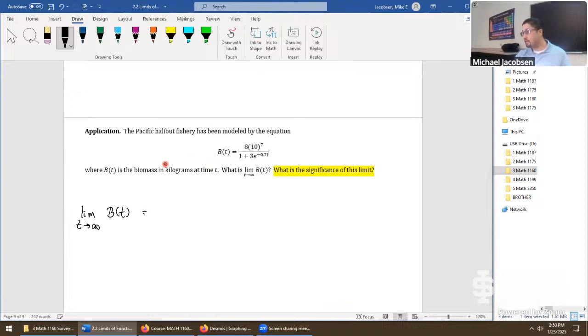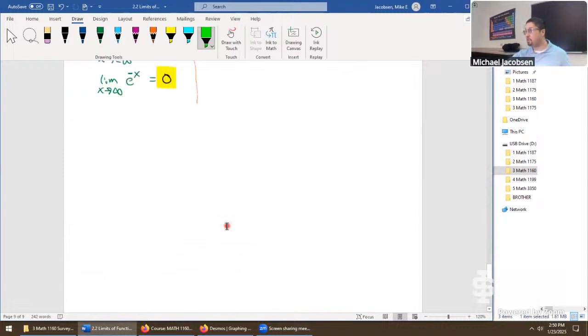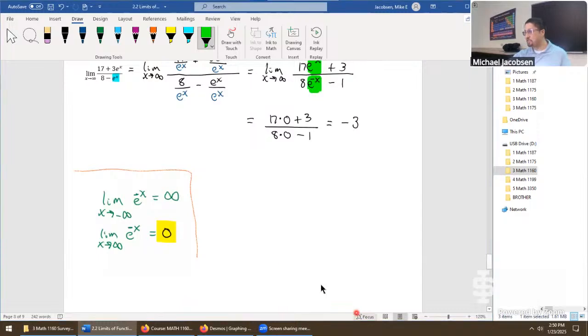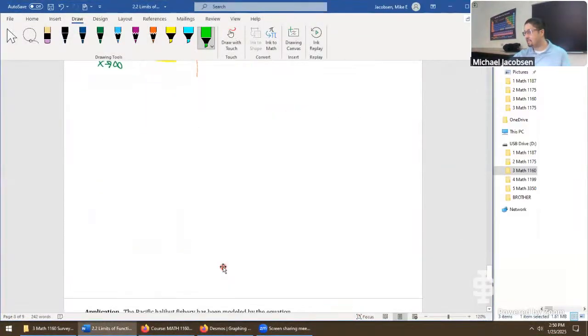So we'll take the limit as t goes to infinity. Let's just plug in the function, 8 times 10 to the power 7, divided by 1 plus 3e to the power of negative 0.7t. Okay, so we have a common limit like we've seen before, just like on the last problem. Let me carry that down just once more for easy reference.